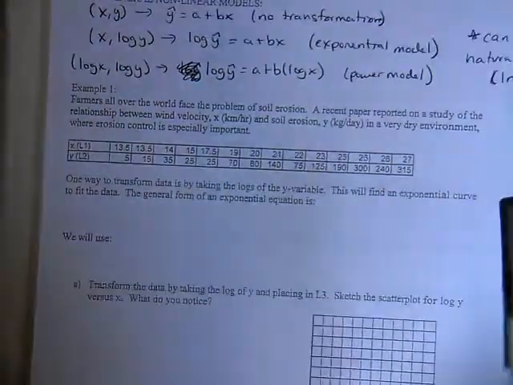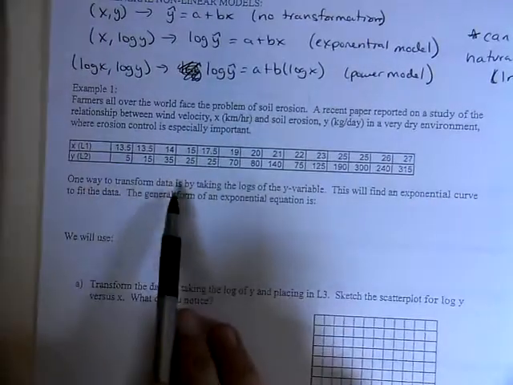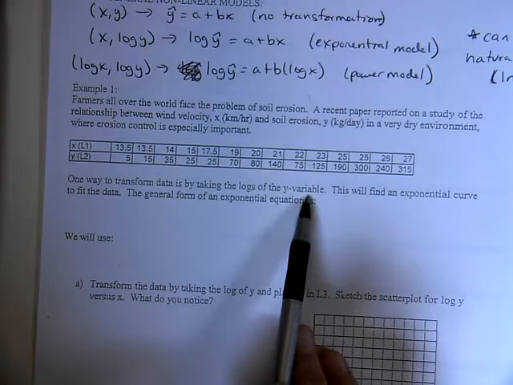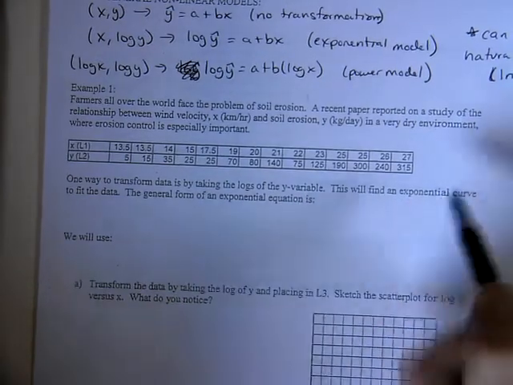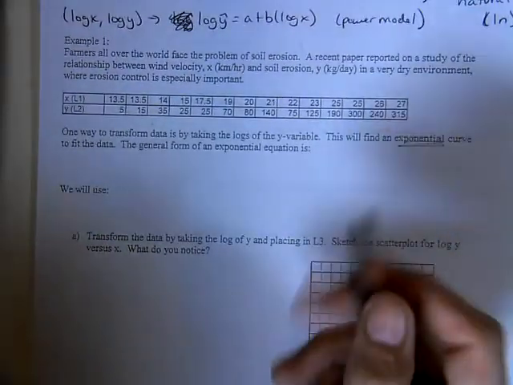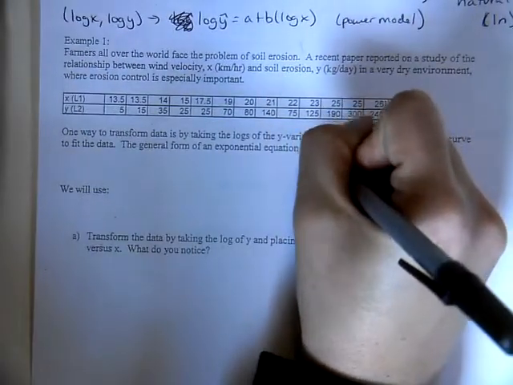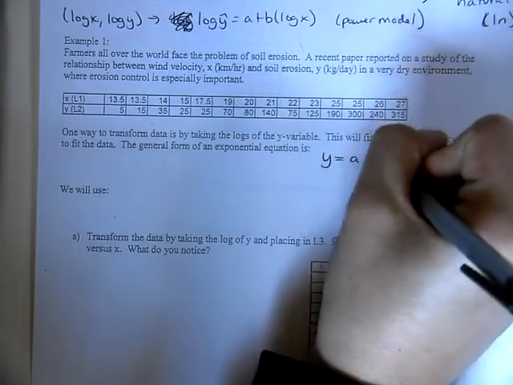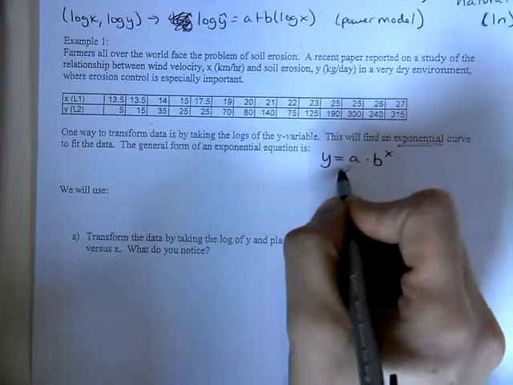Okay, so I put all the data in my calculator. One way to transform the data is by taking logs of the Y variable. This will find an exponential curve to fit the data. So think back to algebra. Your exponential equation is Y equals A times B to the X power.